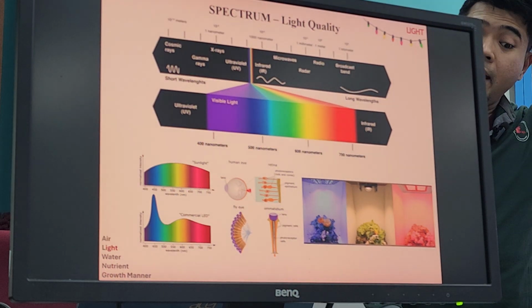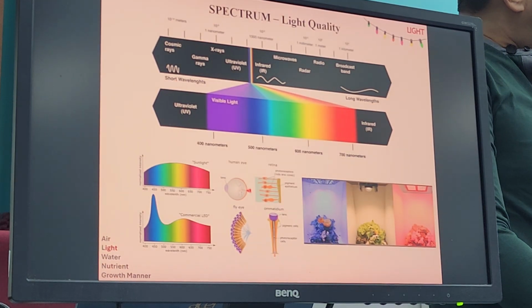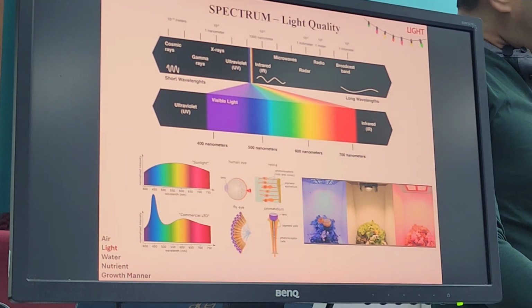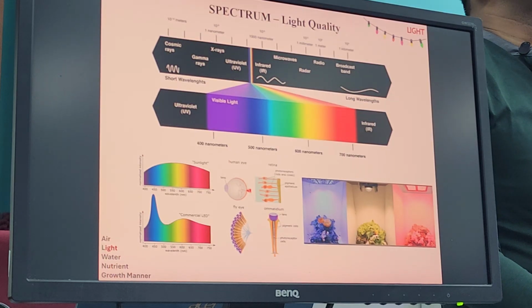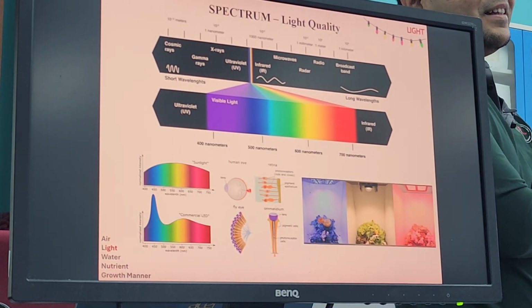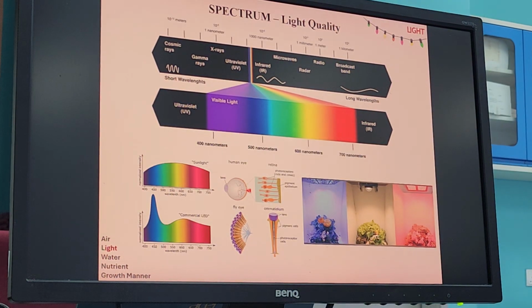So the red that you see, my question now is, there are different light tubes. Are they of the same red? 700 nanometer.